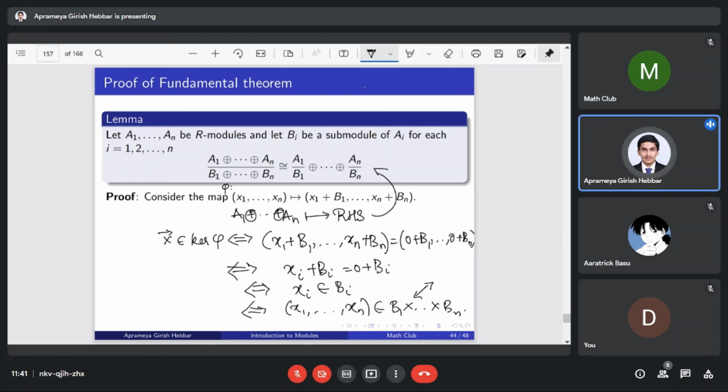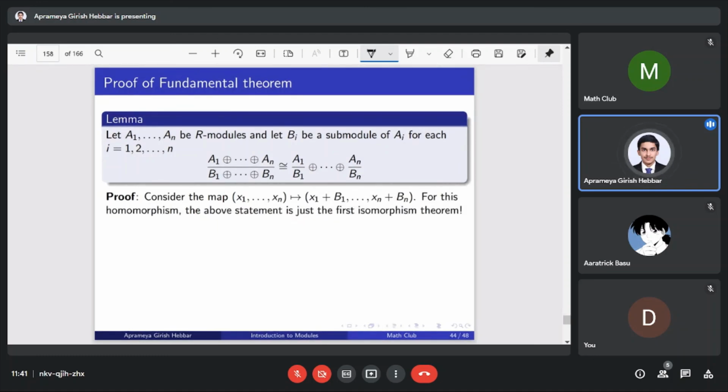So for this isomorphism, the above statement is just the first isomorphism theorem. You have the image here and you have the kernel here. So therefore, with the help of this lemma, we have proved the fundamental theorem of finitely generated modules. So basically, it tries to characterize every single finitely generated module.